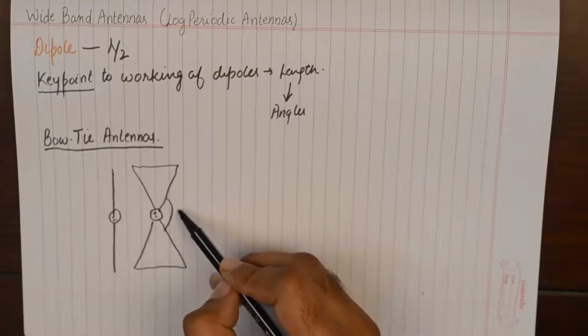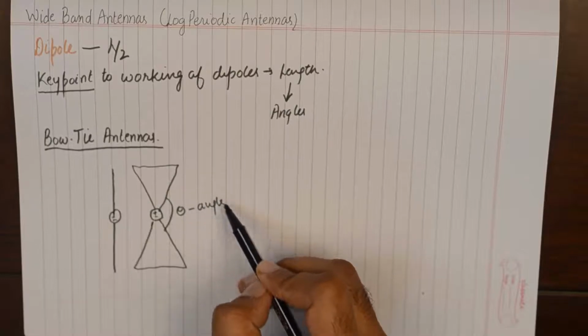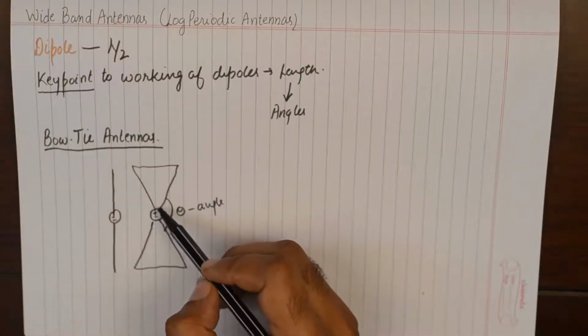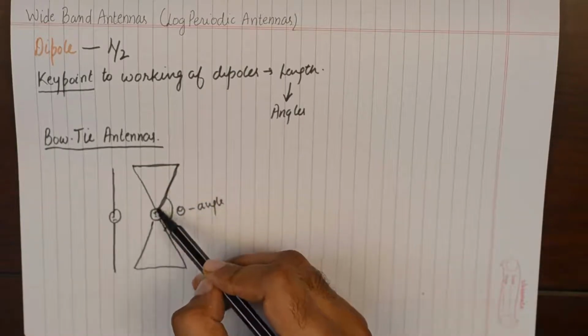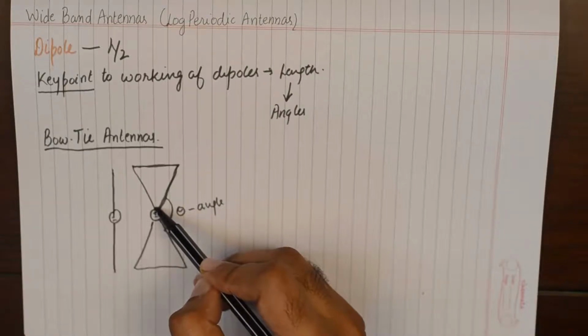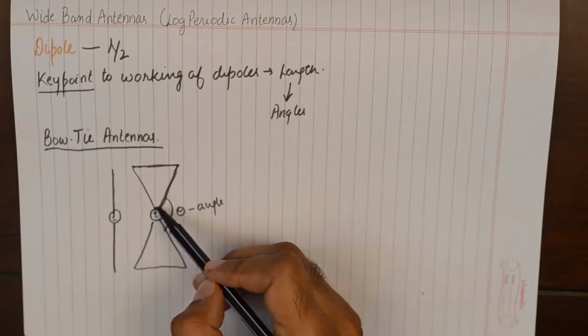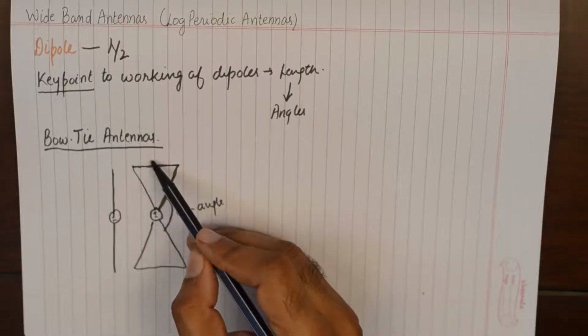But when we have an increasing angle of metallic components like this, the structure of a bow tie antenna would be something like this. It'll start with a very small width of metal closer to the feed, and it'll progressively increase in its width.